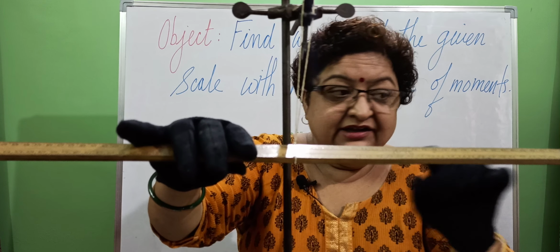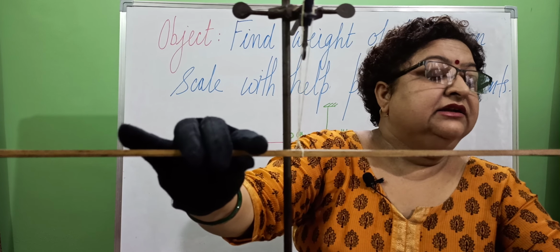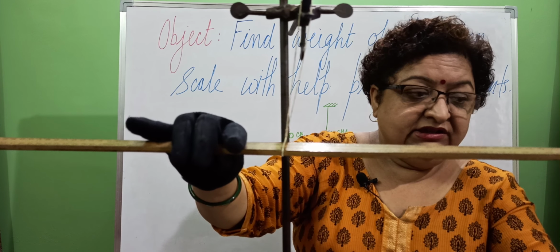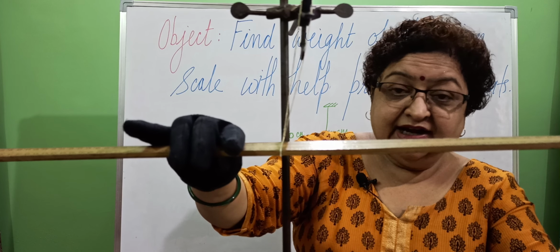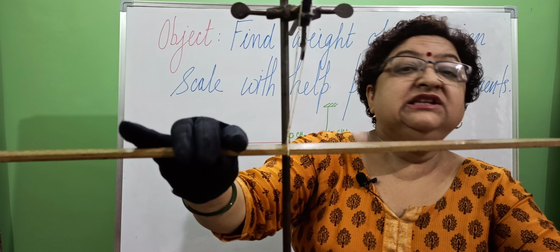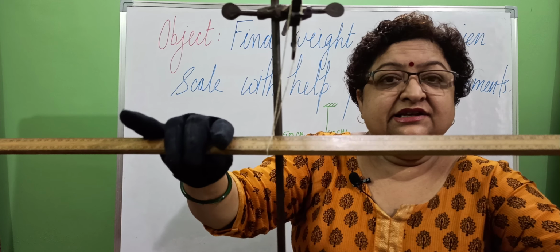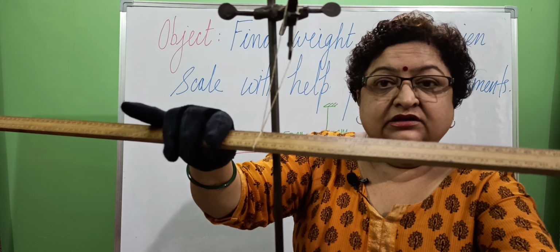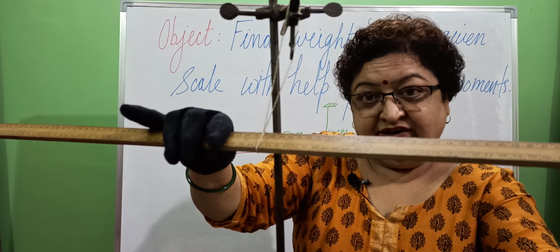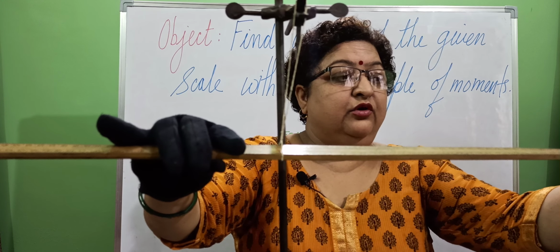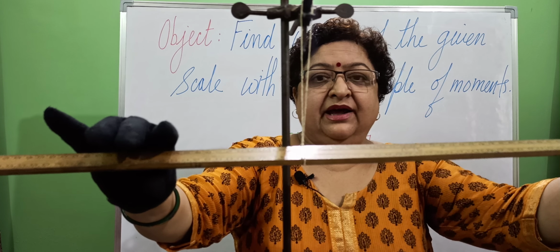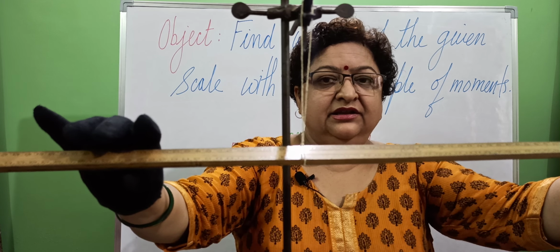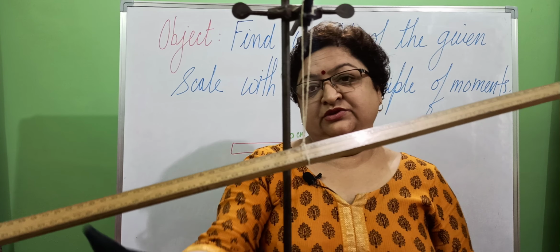And third reading is that the scale is balanced when I placed the 30 gram weight at the 3 centimeter mark. This is the 3 centimeter mark and this is the 30 gram weight. And with the help of these weights, I balanced the meter scale. So now get ready with the observation.